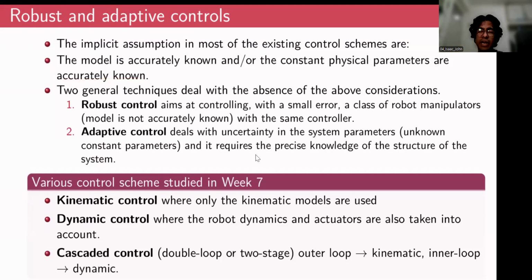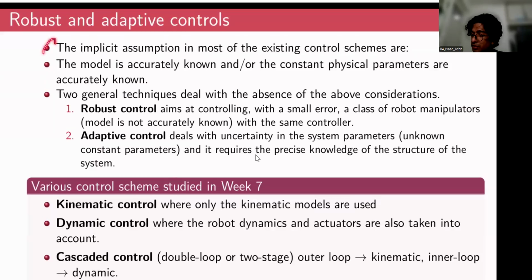But in real life, that may not be the case, right? The constant parameters could be changing, and we may not have an exact estimate of such parameters. So to deal with the absence of these above idealized assumptions, we have these two schemes.